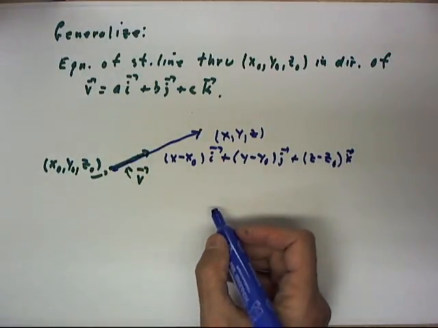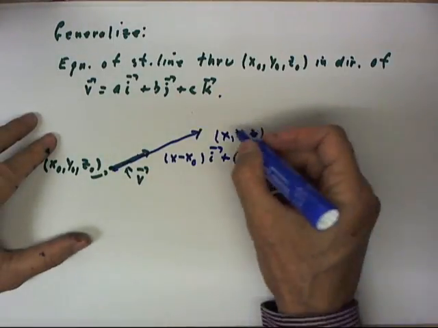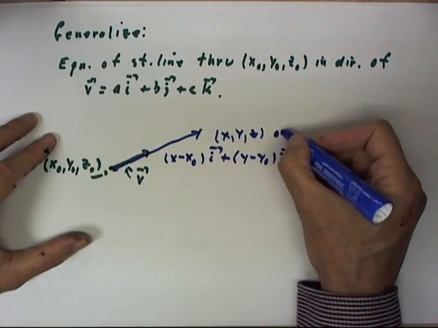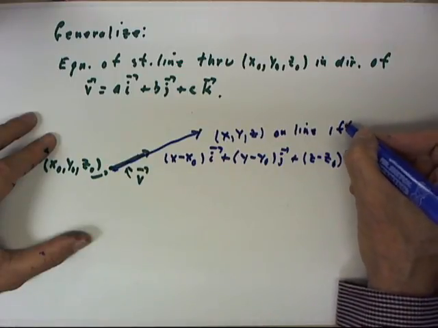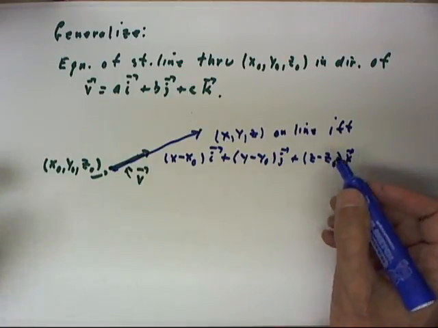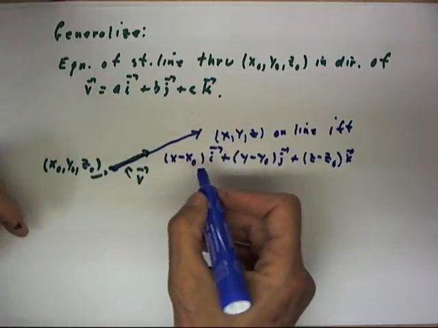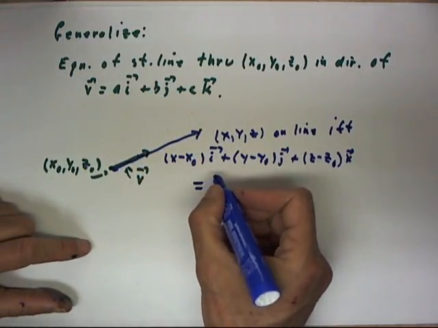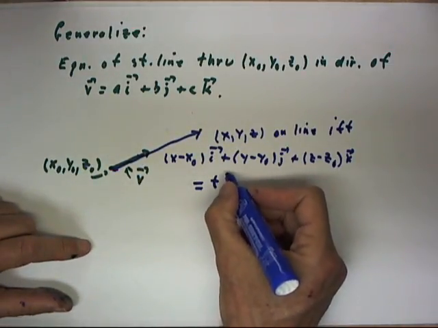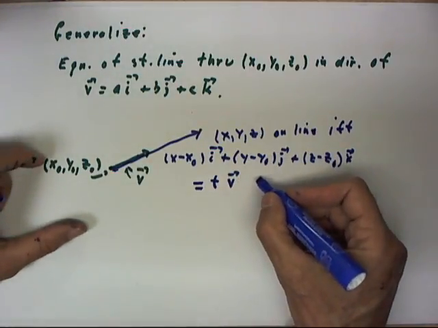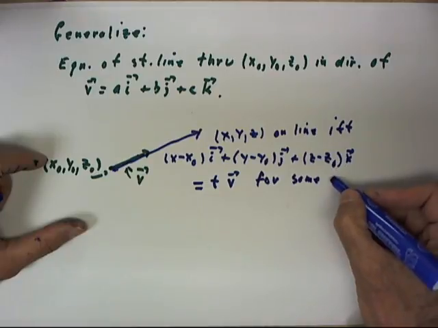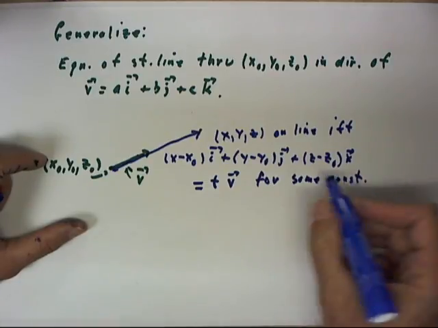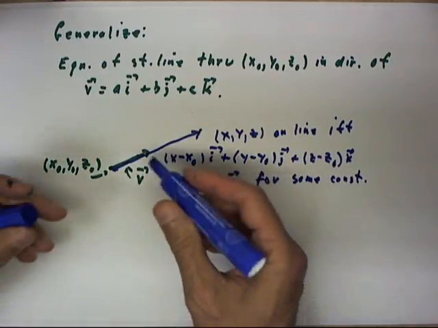And that vector, we can say x, y, z is on the line if and only if this vector is a multiple of v. Okay, so for some constant t, we have this equation.